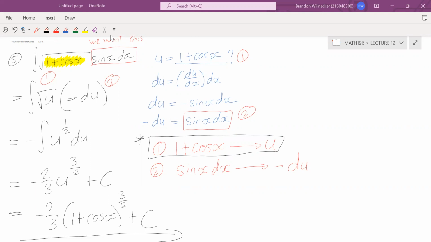And then you got u, you find du, you do your replacements, solve the easier integral, but then remember you need to go back to your old variable. So instead of u, we write it back in terms of x.